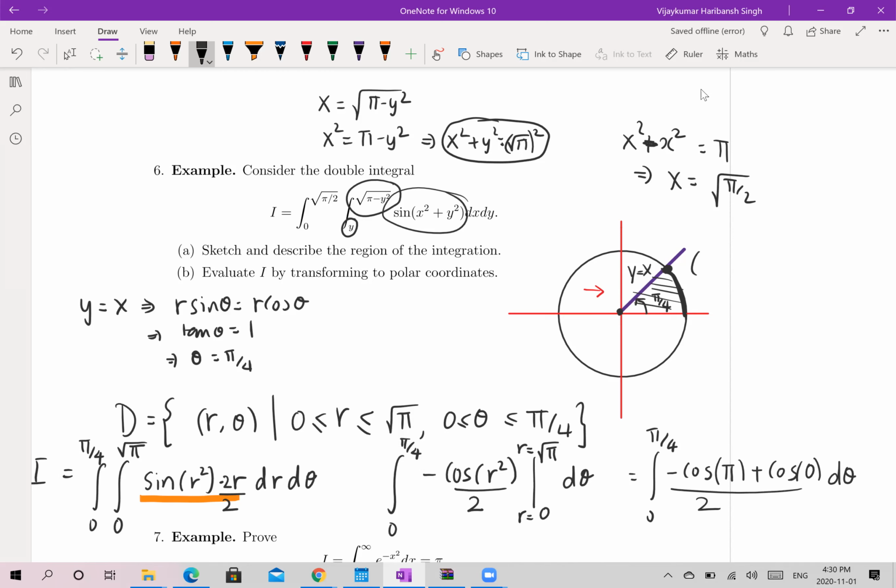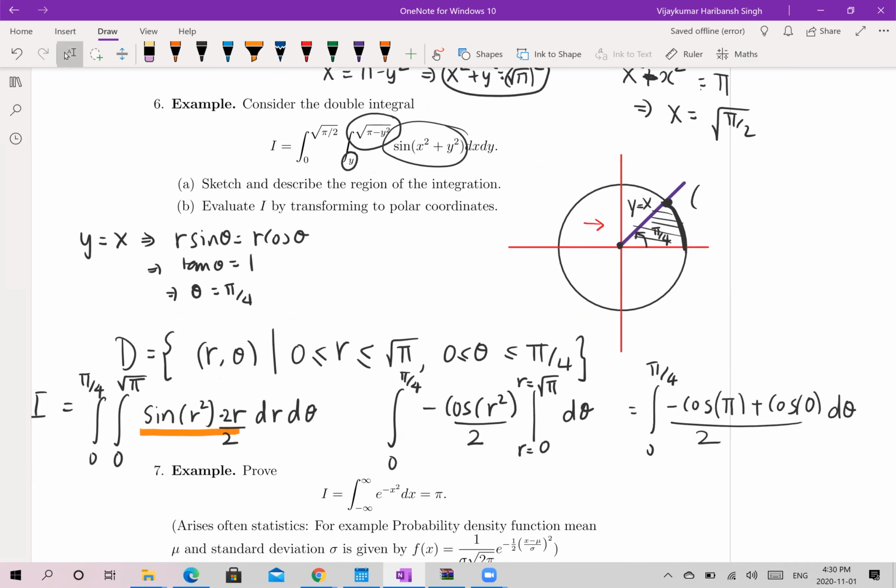Note that you can also break it into two integrals because r and theta are independent. However, we could have done that too. So this is 1 plus 1 divided by 2, so it's going to be 1. So 0 to pi by 4 of d theta, which is going to be pi over 4.